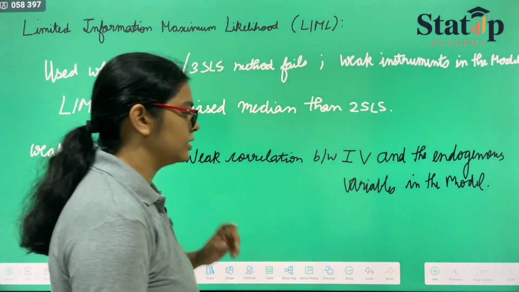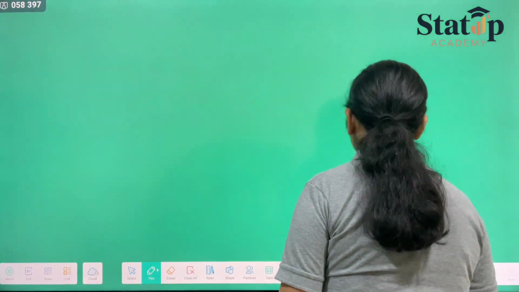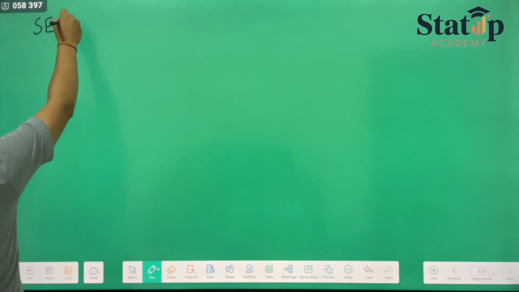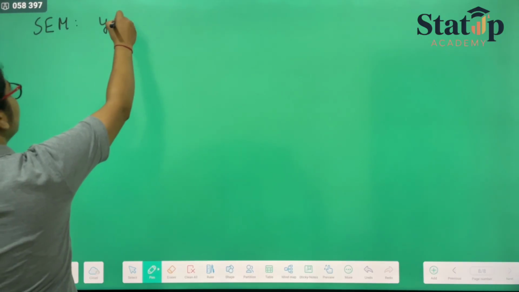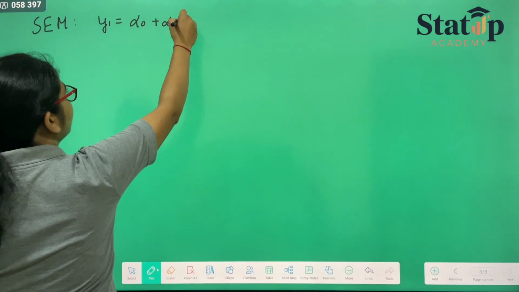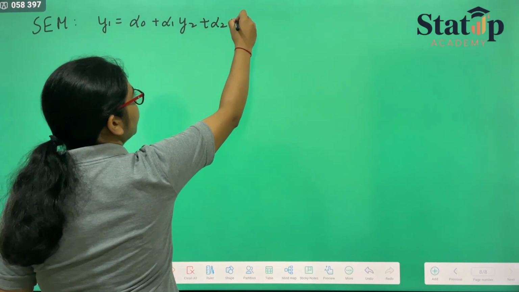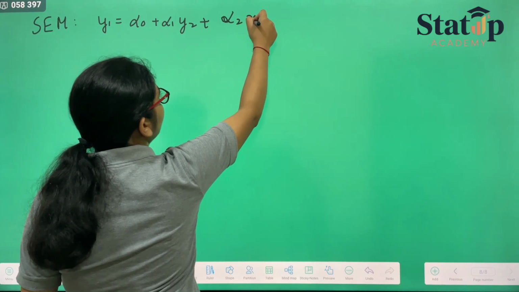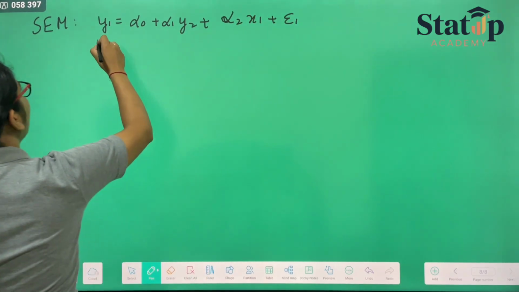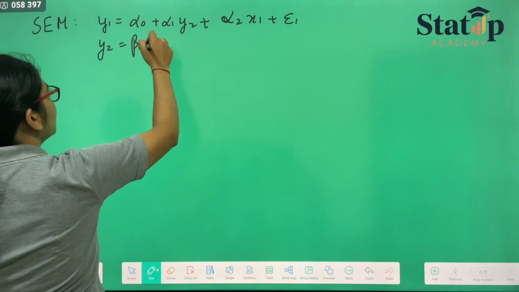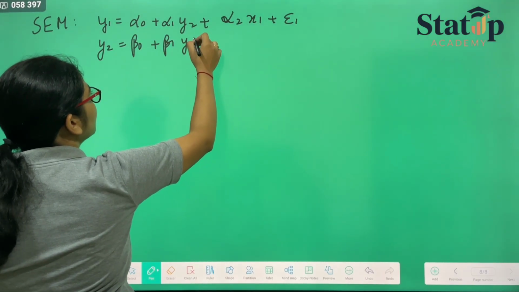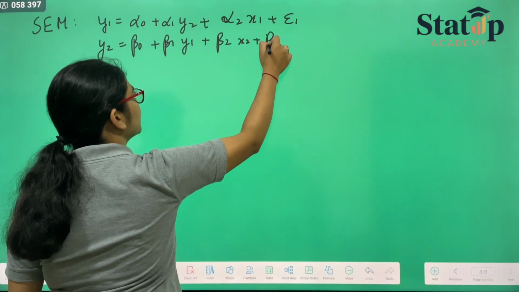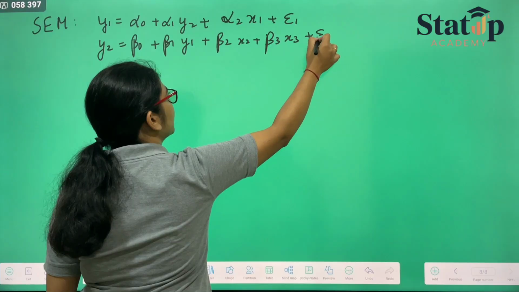Then we use this method. So now, how is this method used? Let us suppose a simultaneous equation model, where y1 is equals to alpha naught plus alpha 1 y2 plus alpha 2 x1 plus epsilon 1, and y2 is nothing but beta naught plus beta 1 y1 plus beta 2 x2 plus beta 3 x3 plus epsilon 2.